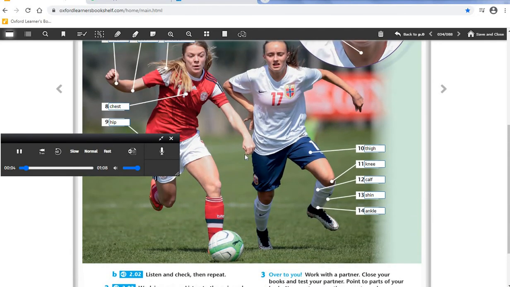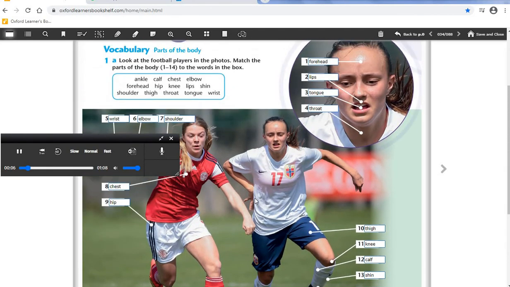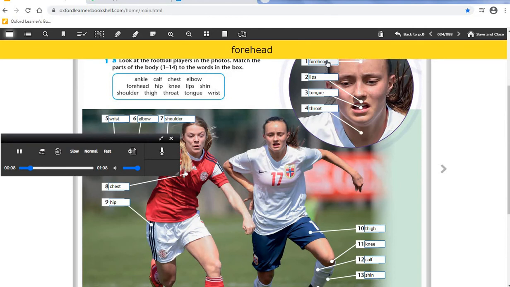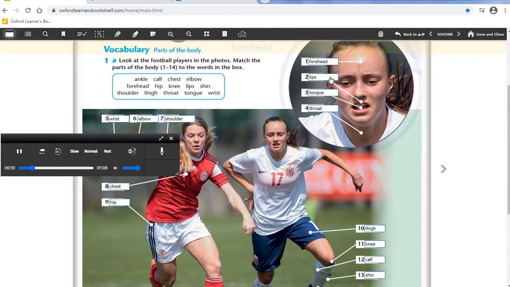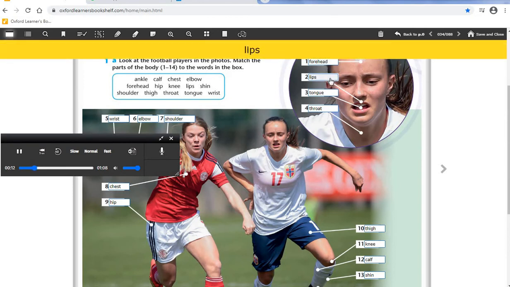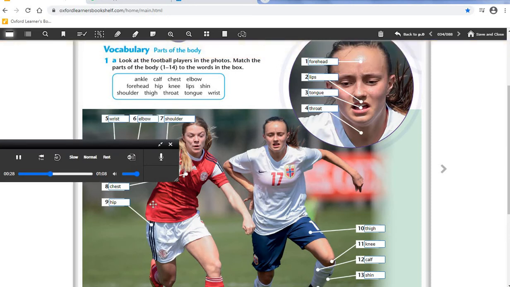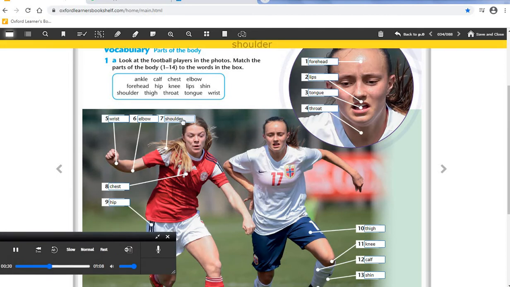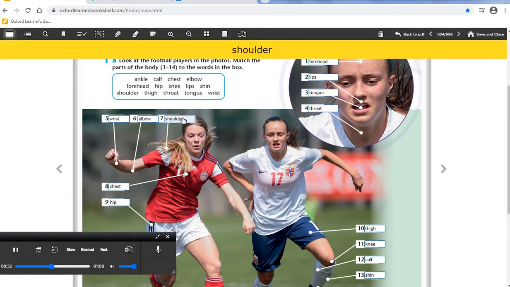Exercise 1. 1. Forehead. 2. Lips. 3. Tongue. 4. Throat. 5. Wrist. 6. Elbow. 7.